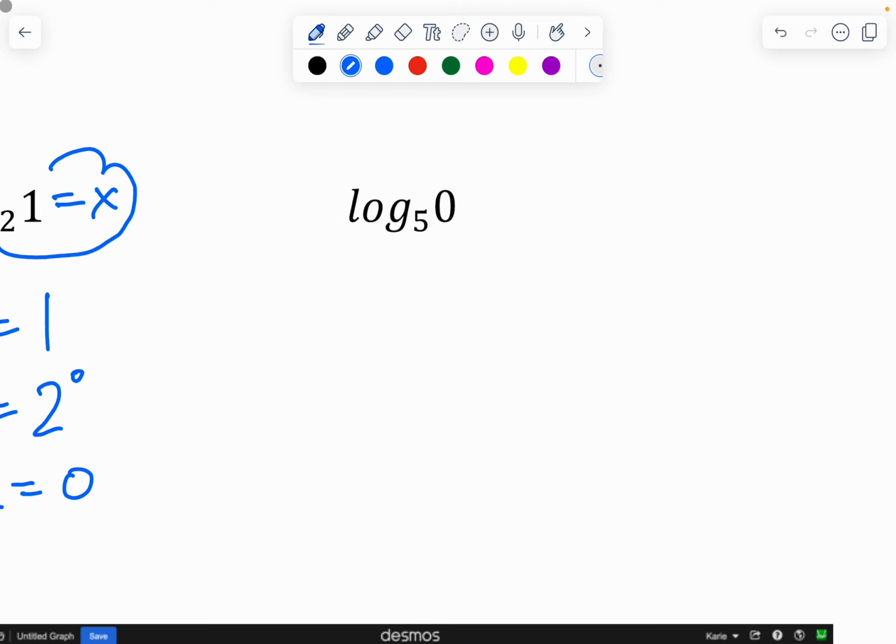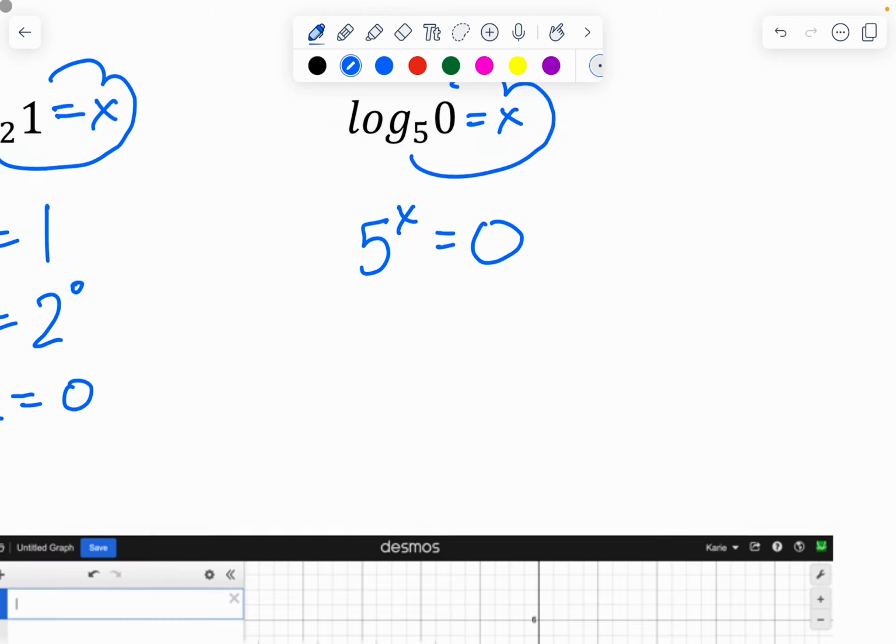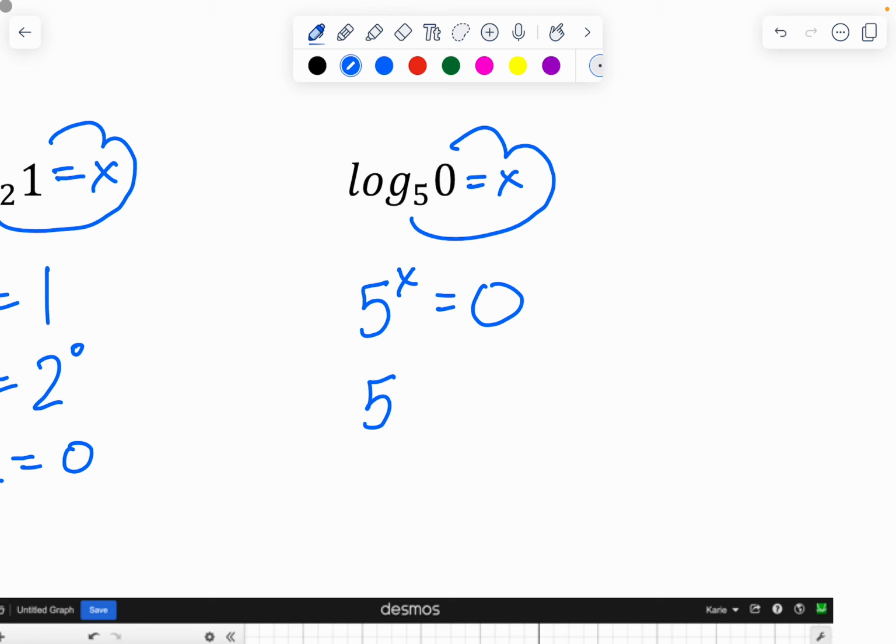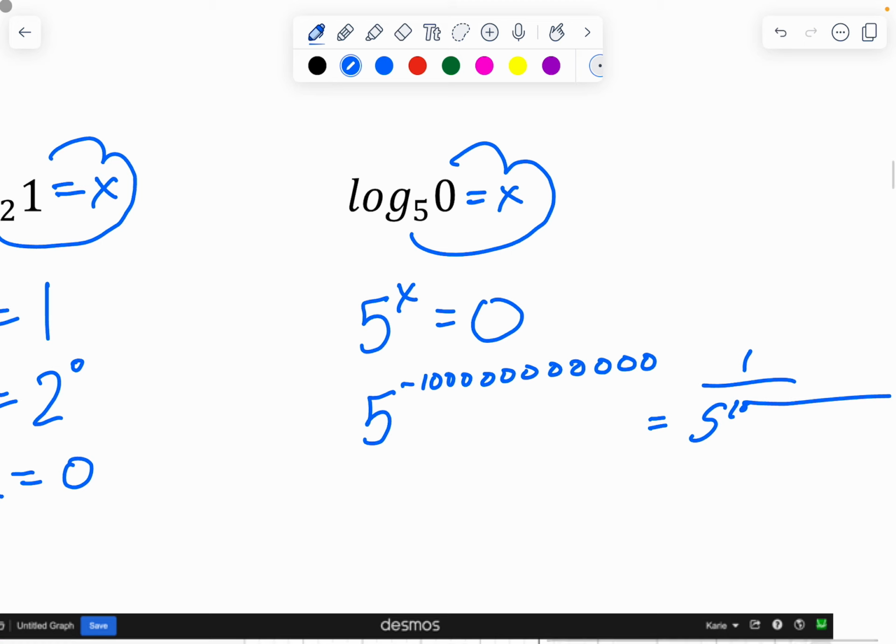Okay, now look at this one. Set this equal to x. 5 to the x equals 0. If I raise 5 to a ridiculously large negative power, this would be 1 over 5 to a ridiculously large power. It's like you have $1 that you're sharing with the whole world.